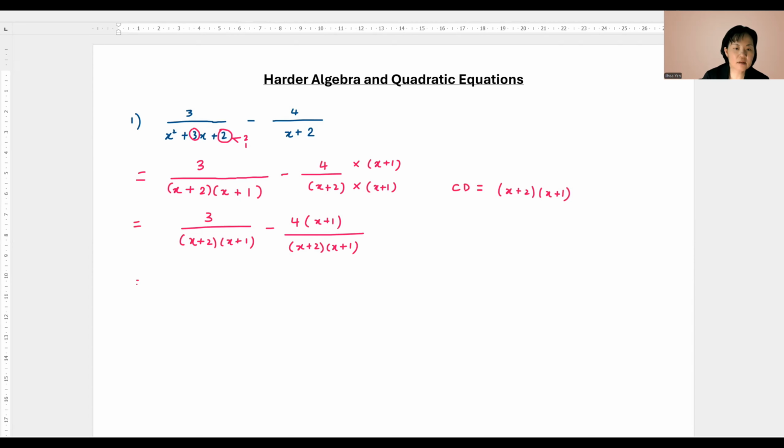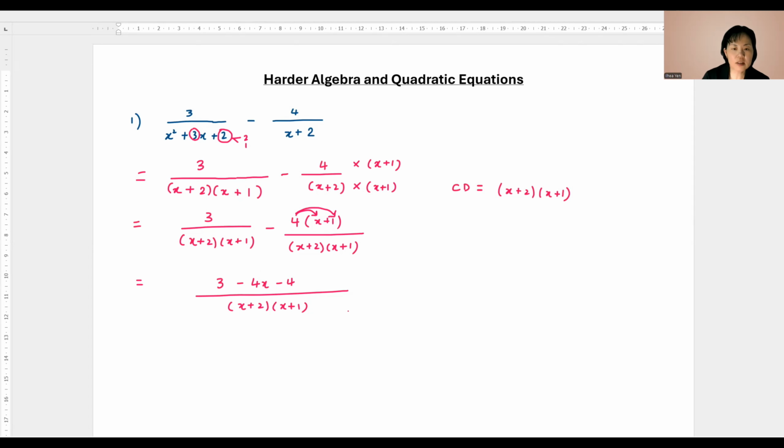So now it's a lot easier. I'm going to put it all in one term, over x plus 2, x plus 1. So on the top, 3 minus, I'm going to expand this one. So minus 4 times x, 4x, minus 4 times 1, minus 4.